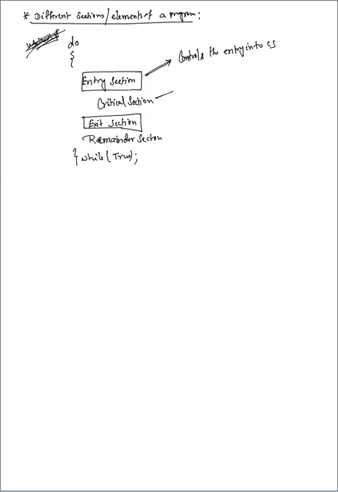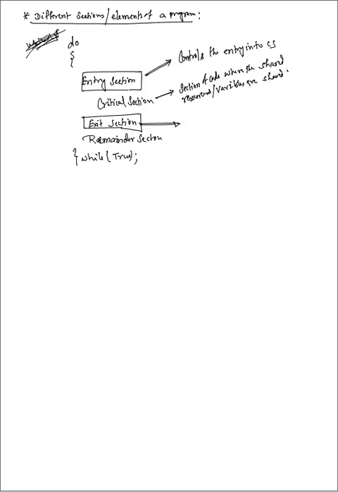A critical section, we know very well, is a section of code where the shared resources or shared variables are shared, right?